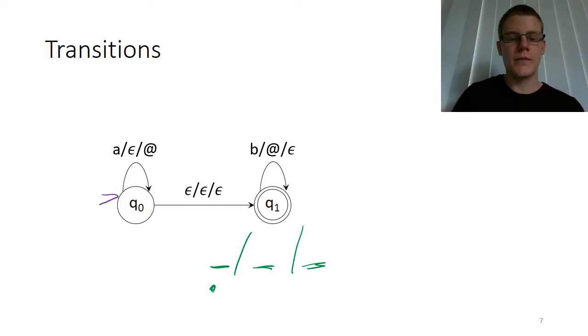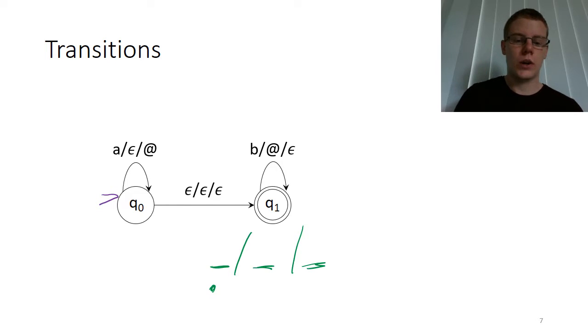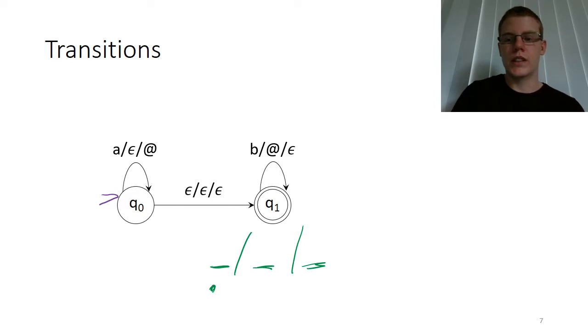This bit here is still one element from sigma or epsilon, and it indicates what symbol has to be present at the start of the part of the string that we're looking at now in order to follow that transition. So if this transition here has an A at the start, then we can only take it if the current first symbol on the string is an A. The next two bits deal with the stack.